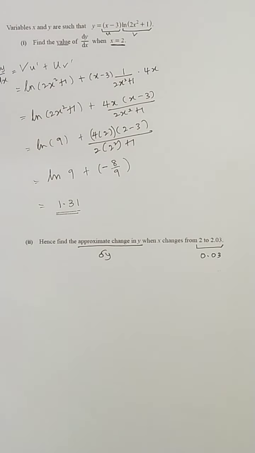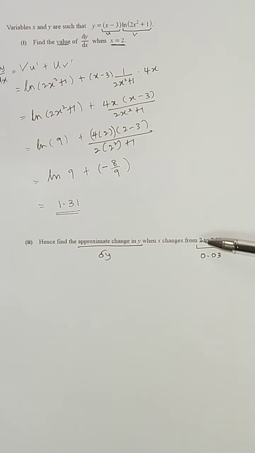Okay, one more thing you must remember. If you look at this question and the previous question, I gave you the changes from the small number to the large number, which is an increase. So that's why the change is positive, 0.03.